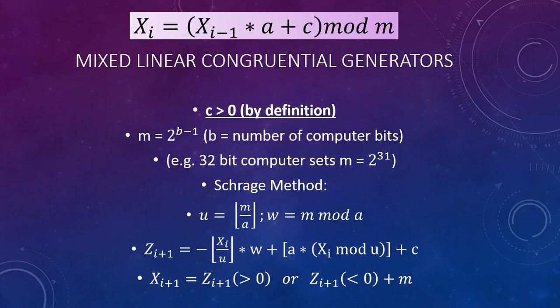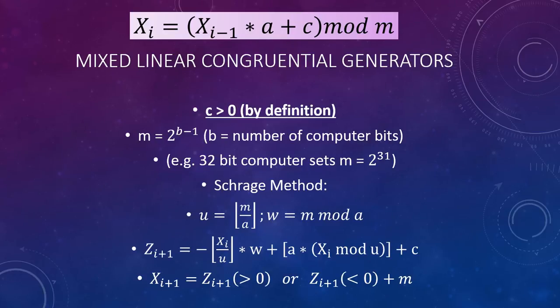Next we have the mixed linear congruential generators. Here c is always greater than 0, and m is equal to 2 to the power b minus 1, where b is the number of computer bits. Here m is a really high number, and usually we use 2 to the power 31.